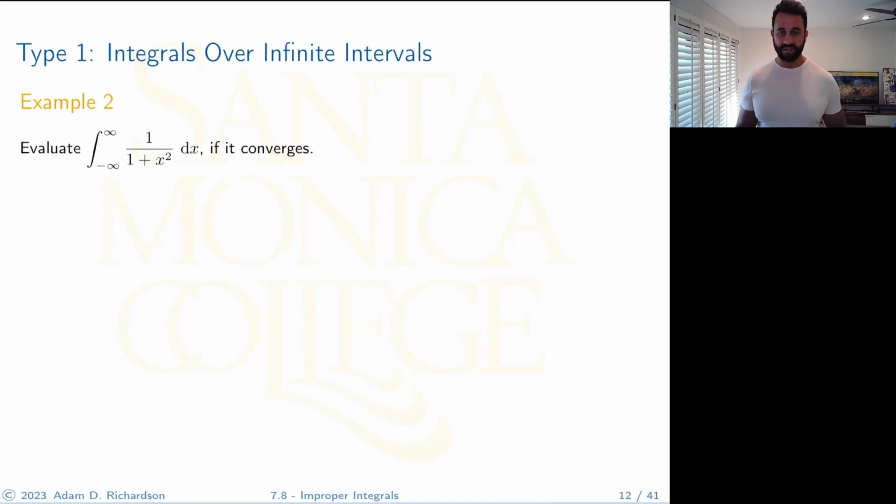All right, let's practice here. So let's evaluate this double-sided improper integral if it even converges. So I want you to try this one on your own by splitting it into 2 separate limits and then calculating each of those limits. One hint I'll give you is that this one will actually converge. So it is valid to split it into those 2 limits.